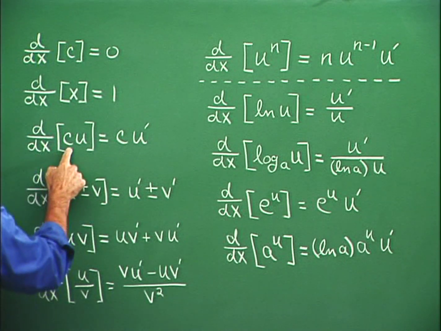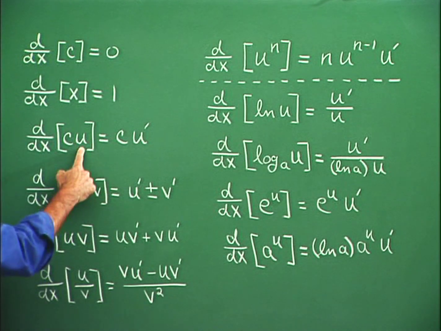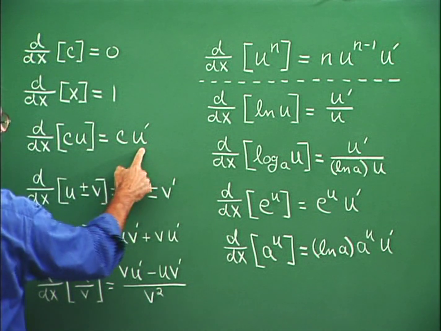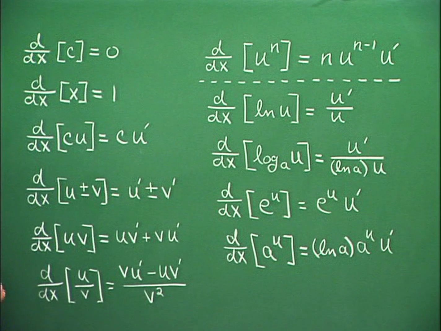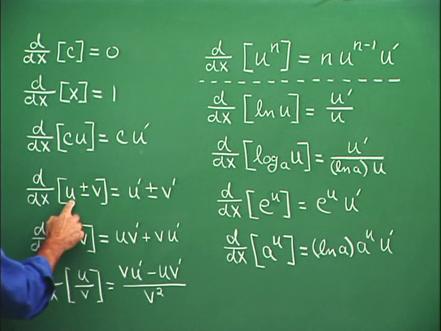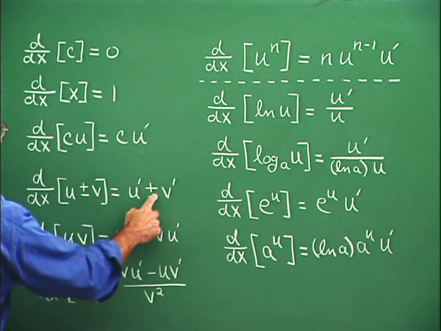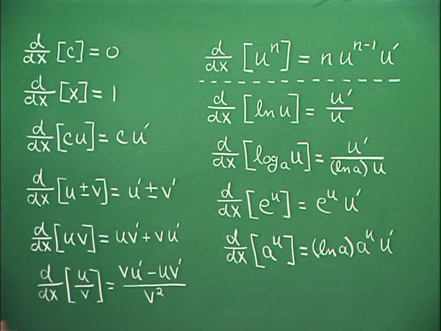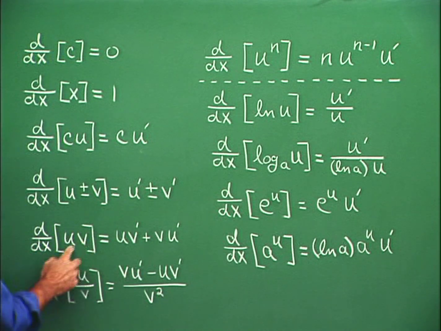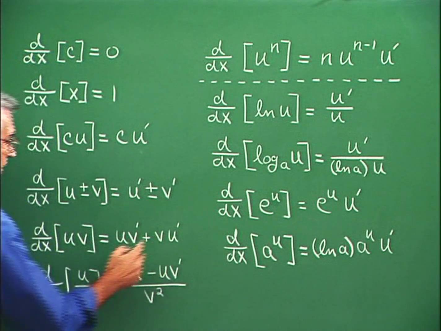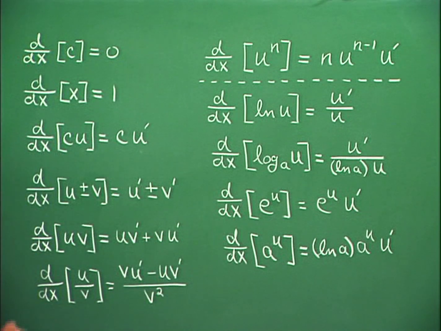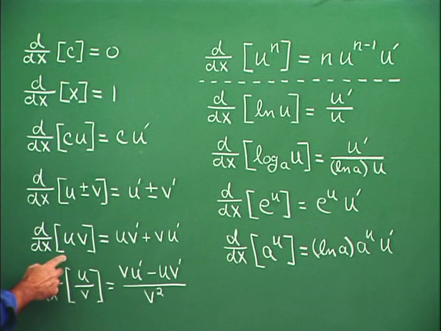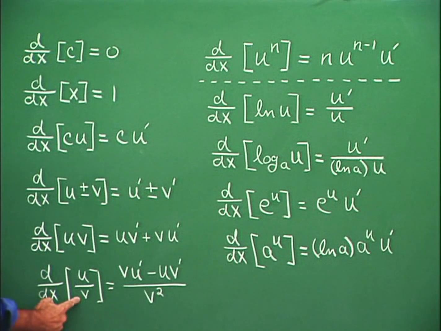The derivative of a constant times an expression involving x is the constant times the derivative of the expression involving x. The derivative of a sum or difference is the sum or difference of derivatives. And the derivative of a product, and here's where it started to seem confusing at the time, it certainly is not confusing anymore, I'm sure, and the derivative of a quotient.